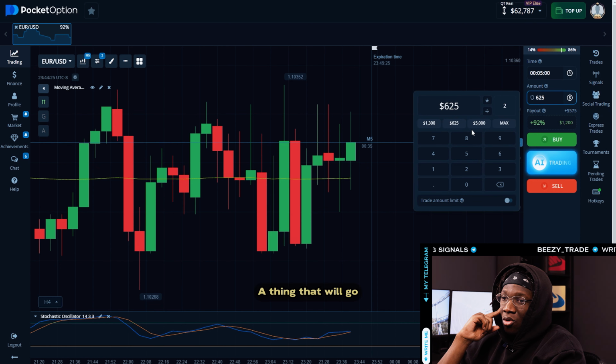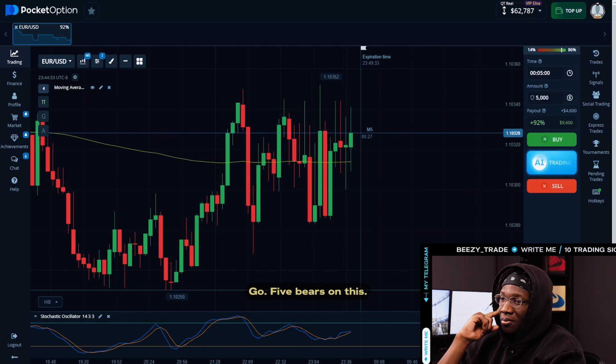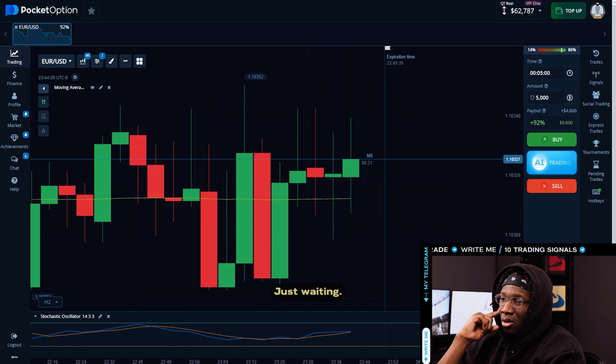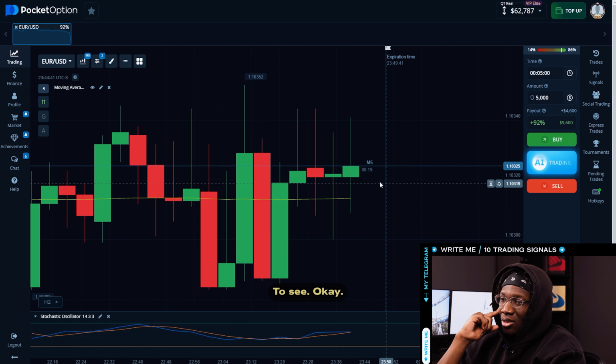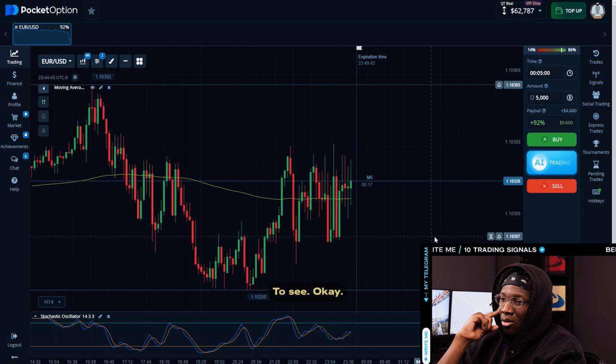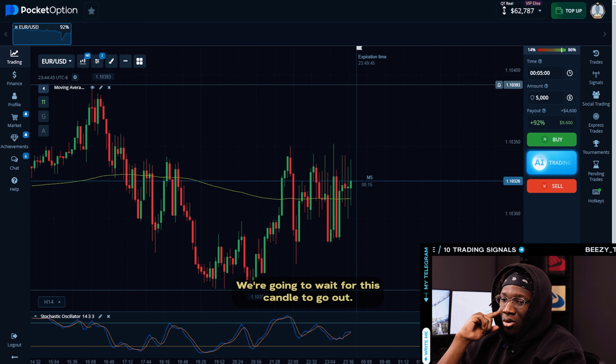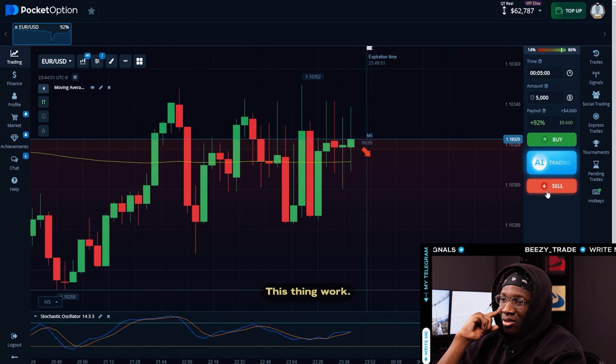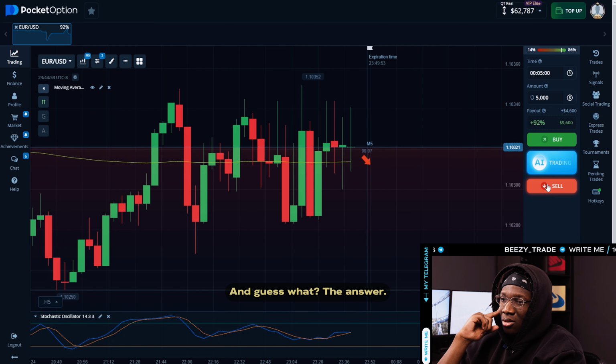I think that we'll go big boy money, double it, go 5 bands on this. Just waiting. Okay, let's see. Okay, we're gonna wait for this candle to go out, and once it does, that seemed like a good spot to enter.